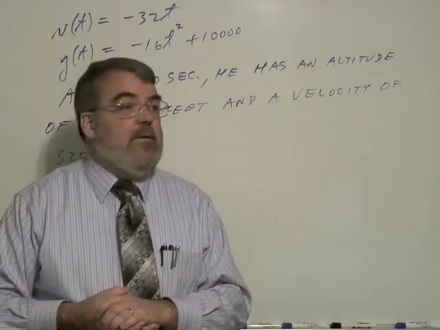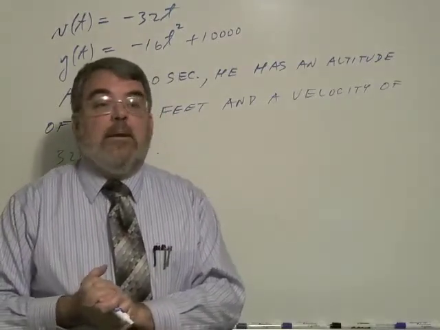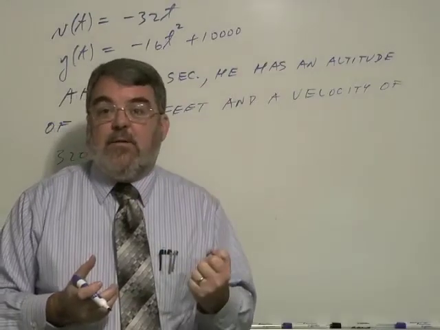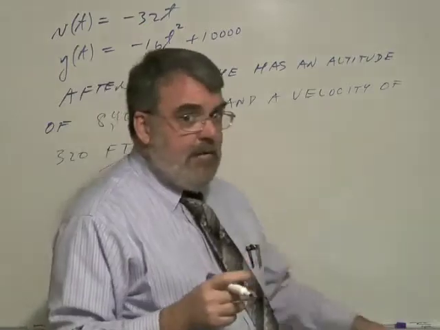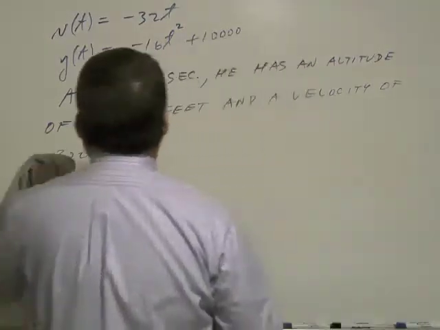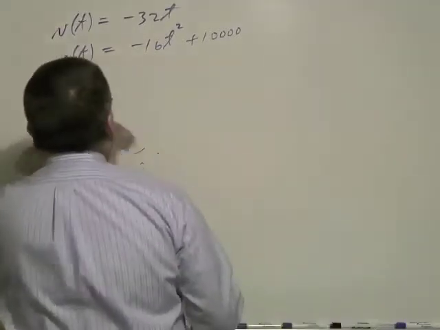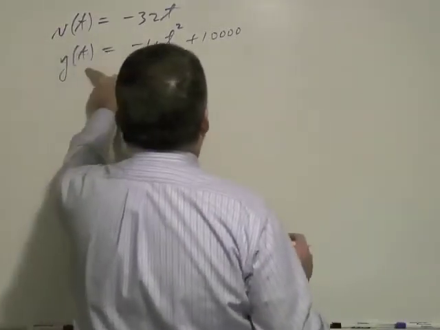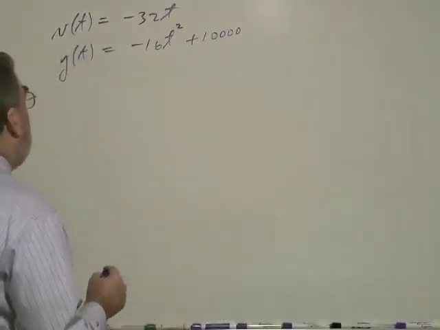So now I want to add onto this problem another question: how long before he hits the ground and how fast is he going? So let's work that out. He's going to hit the ground when y at t is equal to 0.